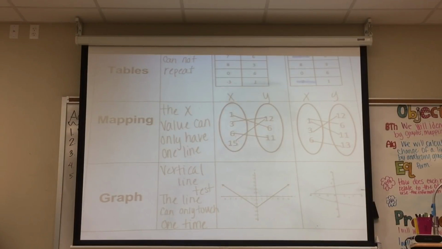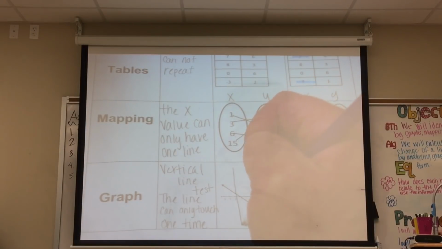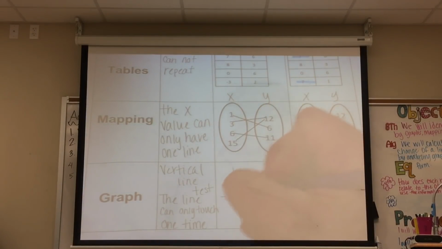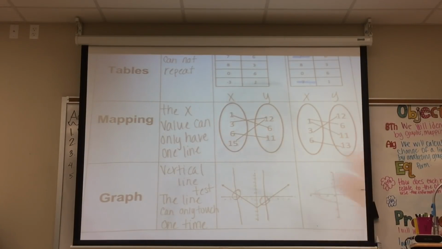Now, I can draw as many lines as I want, and on every single one of those lines, it can only touch once. So if I drew a line down here, it touched only one time. If I decided to draw a line here, it touched once. If I decided to draw a line there, it also touched once. So that is a function.